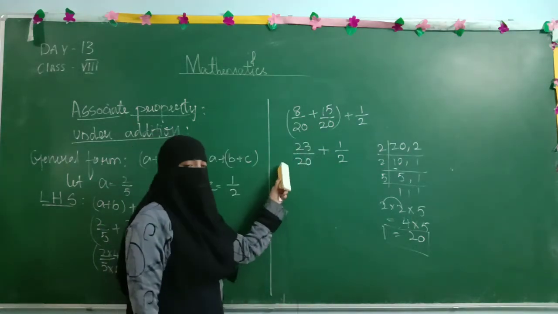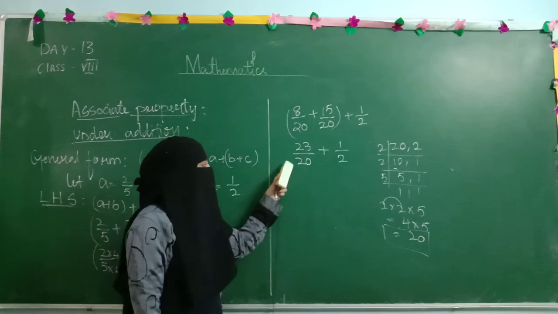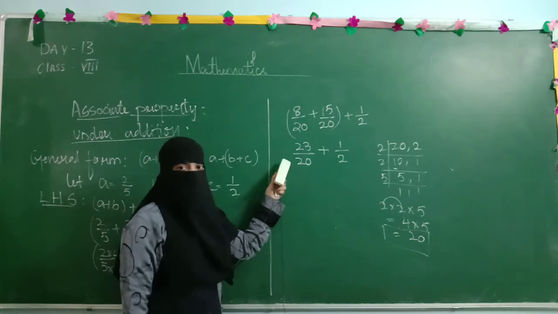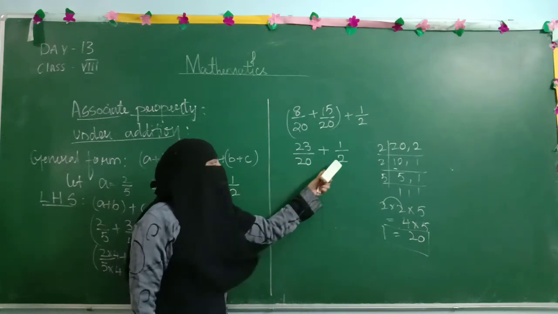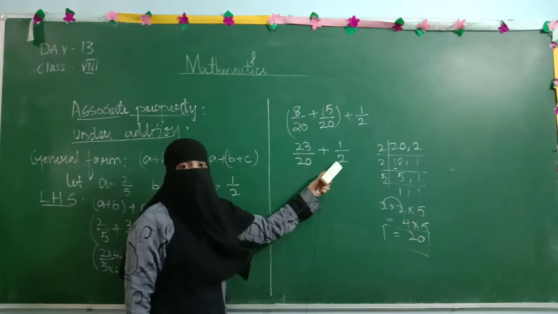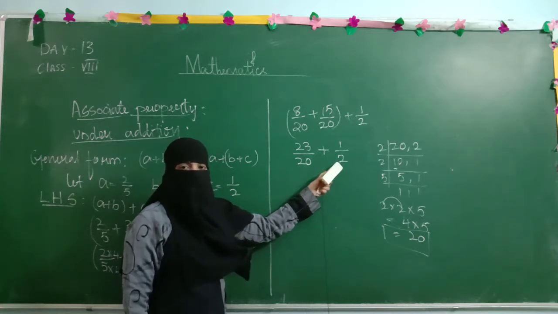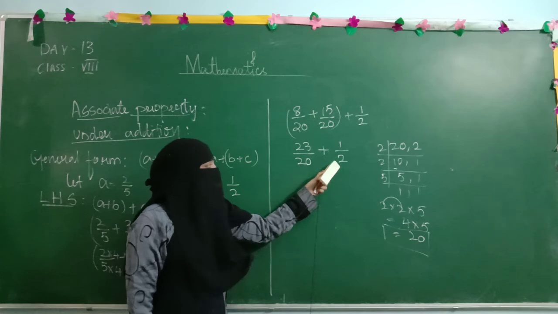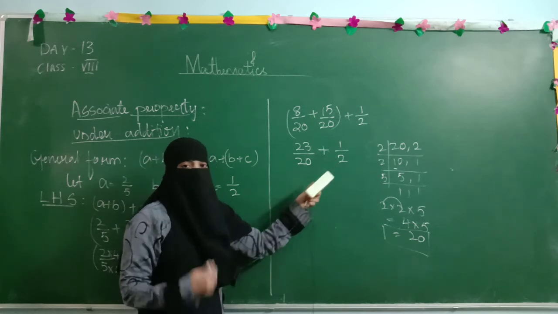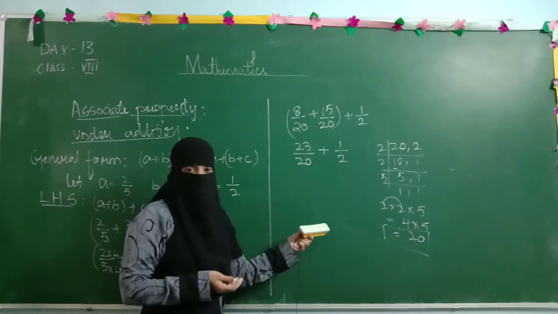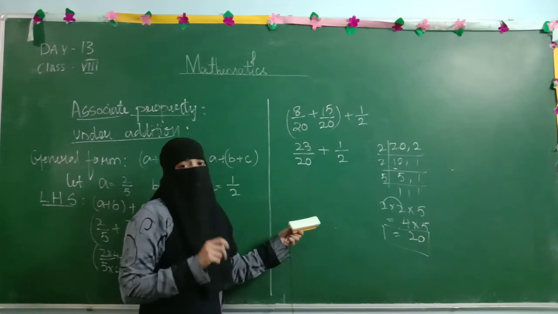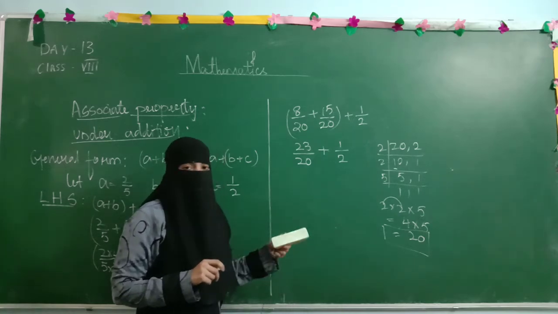Now we have to make the denominators 20. This denominator is already 20, so no need to change it, and here we have 2, so we have to make the denominator 20. How are you going to do that? With what number should I multiply the denominator 2 so that I get 20?